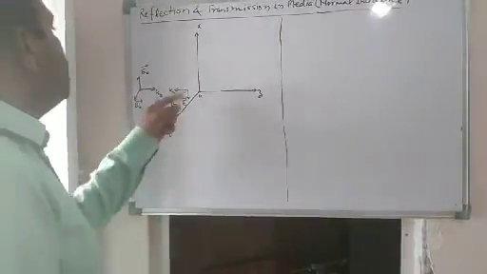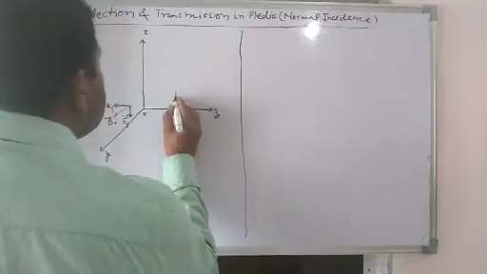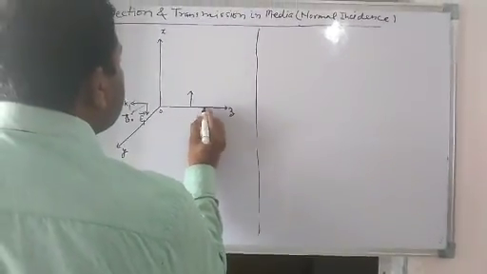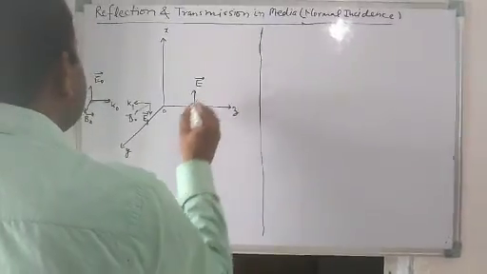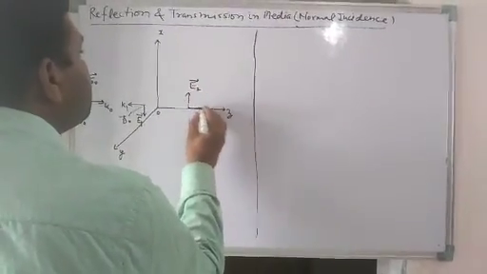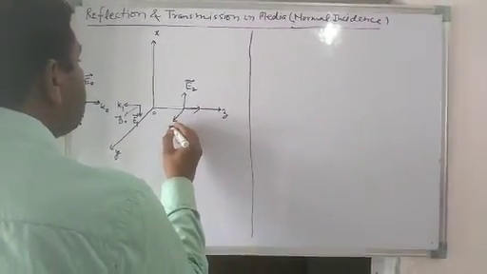Okay. A similar thing would happen with the transmission. So let's write the transmission part. So we will have the E vector. Of course, during transmission the direction doesn't change. So imagine that this is the E2, that's the refracted part of the electric field.